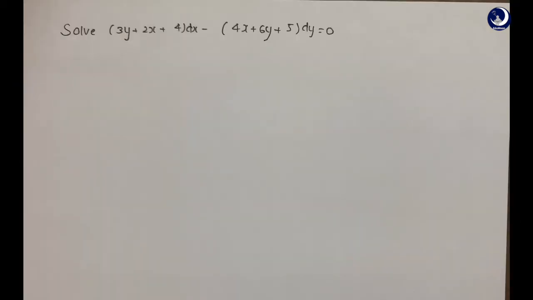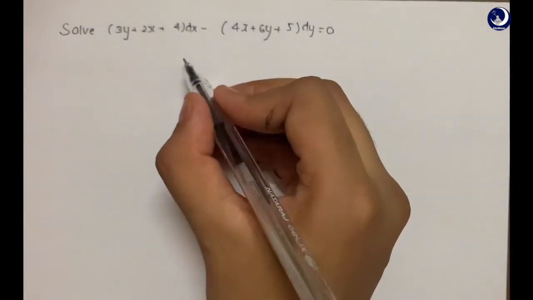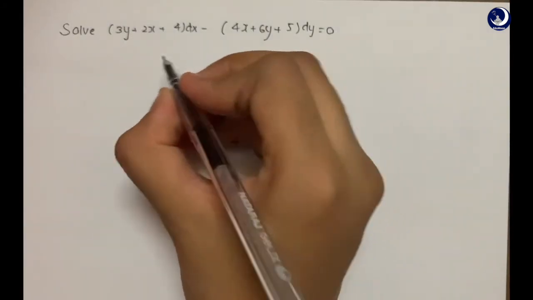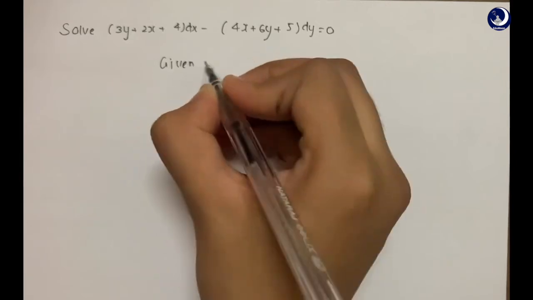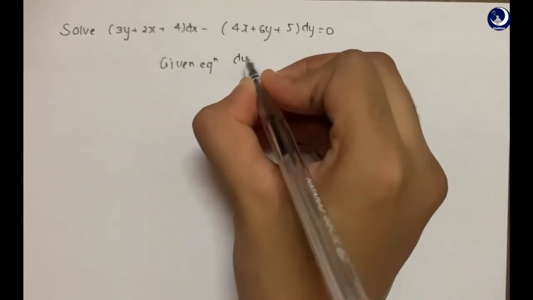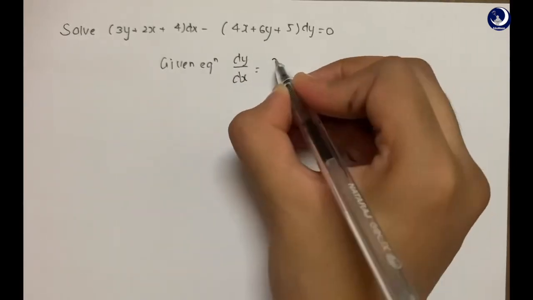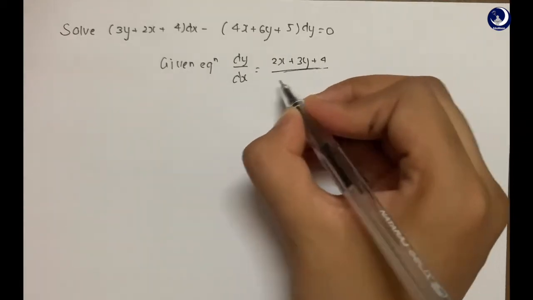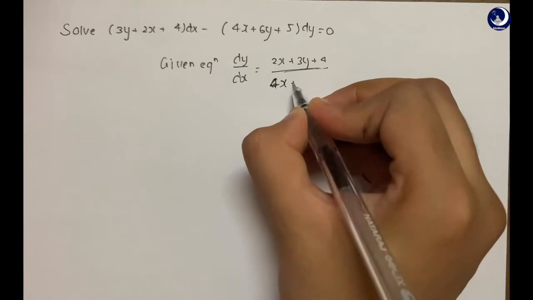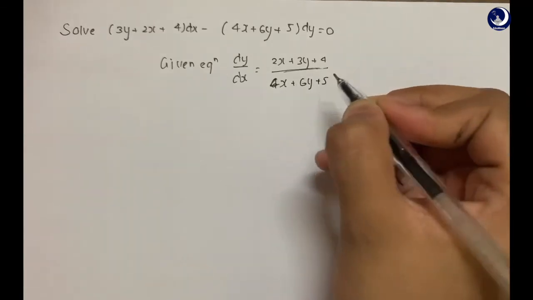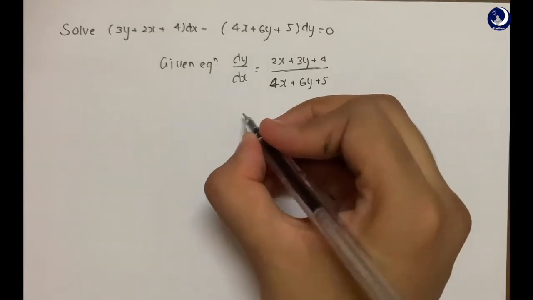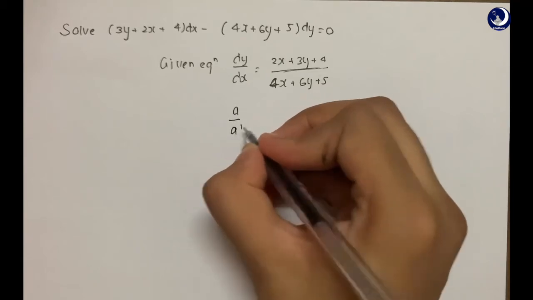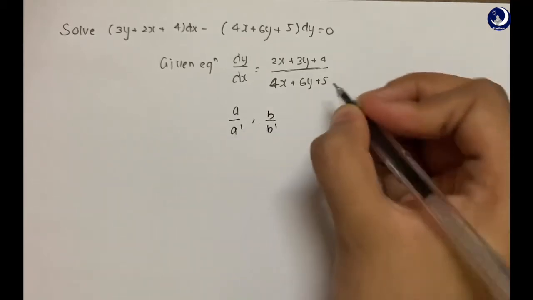Let's look into another example. Solve the given differential equation. Given equation is, find a by a dash and b by b dash values.